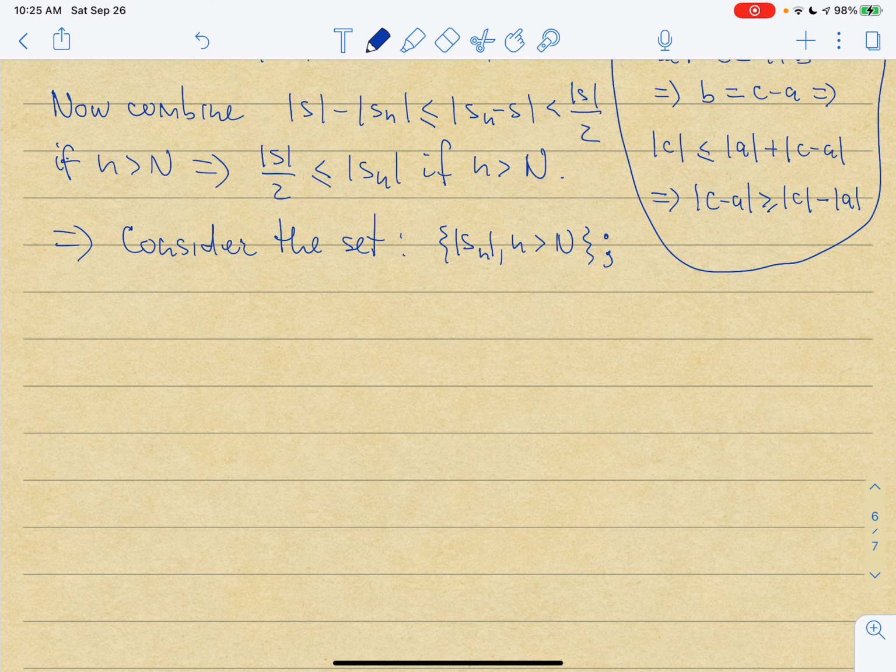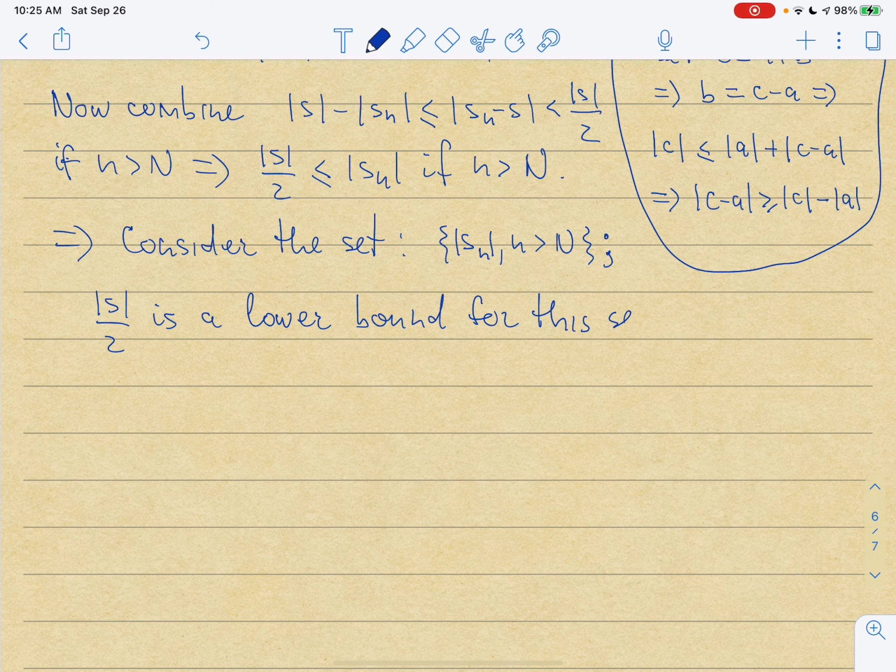So then absolute value of S over 2 is a lower bound for this set. Okay?